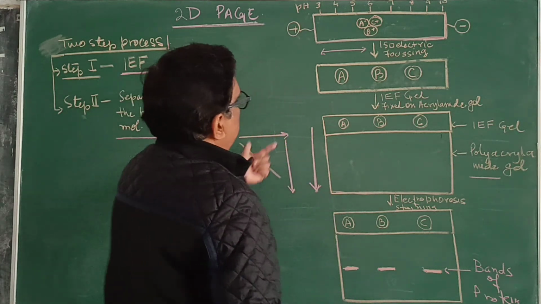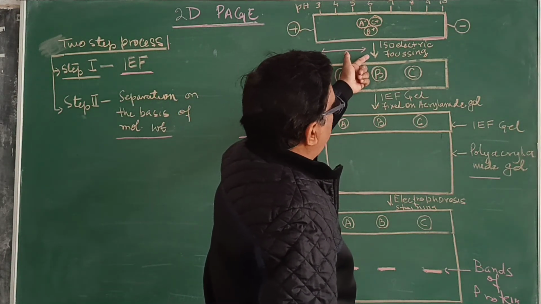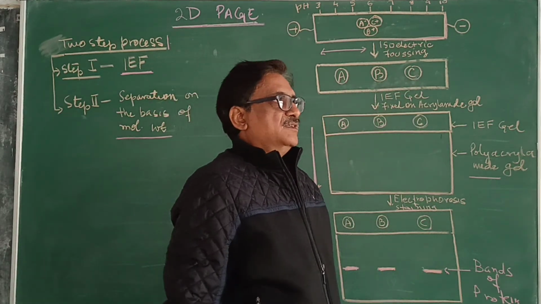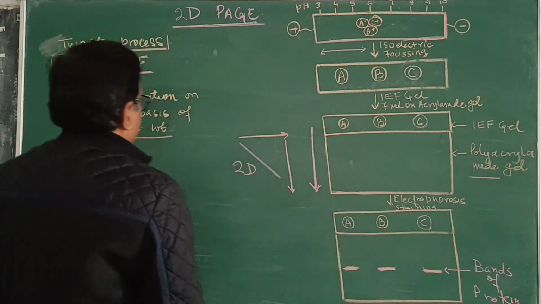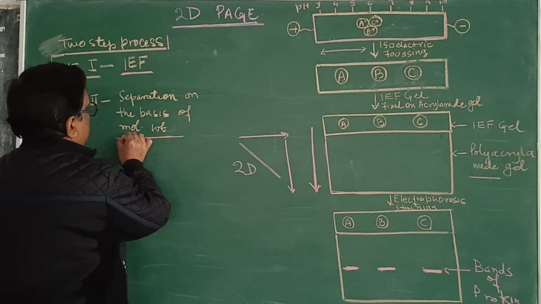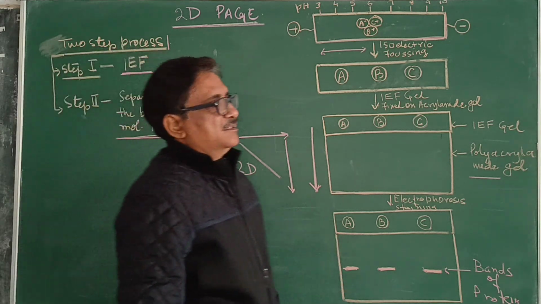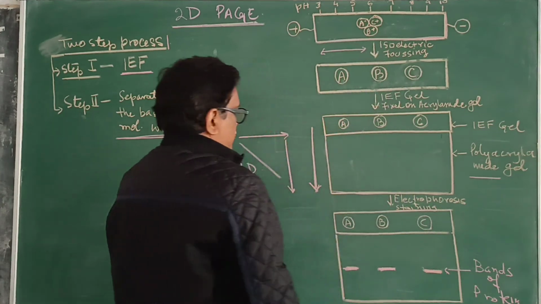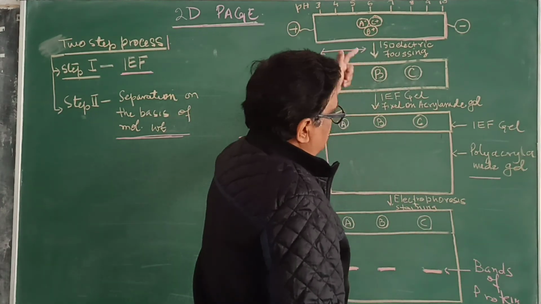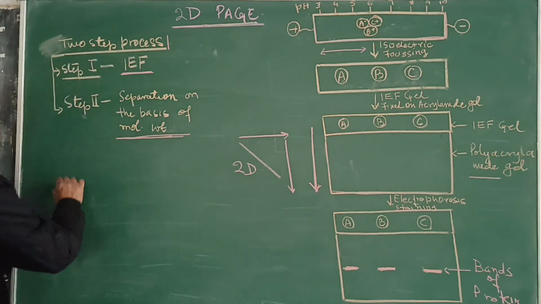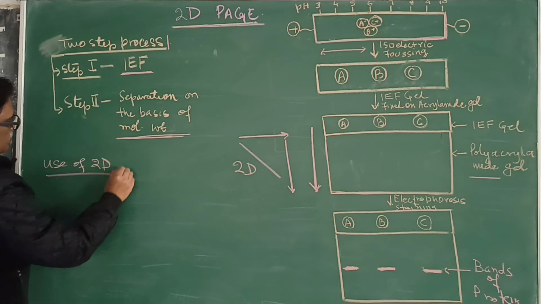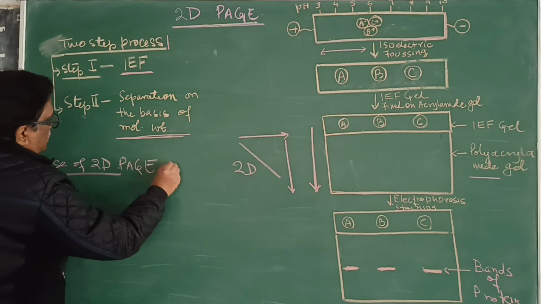The first step is isoelectric focusing, the migration based upon the difference in isoelectric point, and in the second step, the migration takes place on the basis of the difference in the molecular weight of these proteins. So this is two-dimensional gel electrophoresis. In the next class we will discuss the uses of this. Okay, thank you.